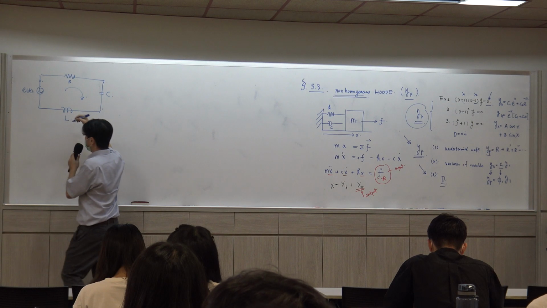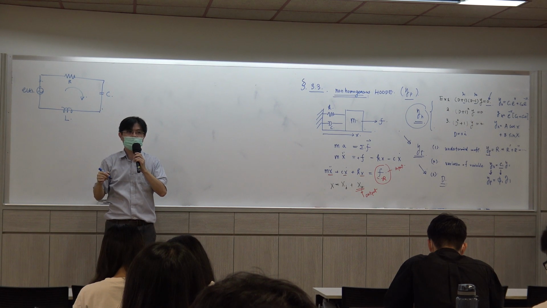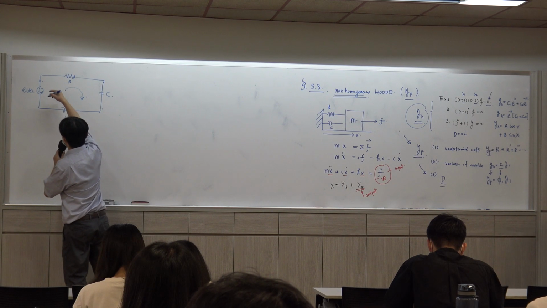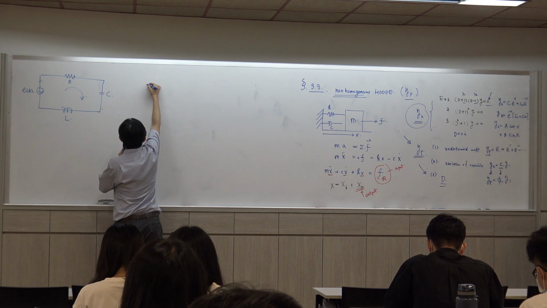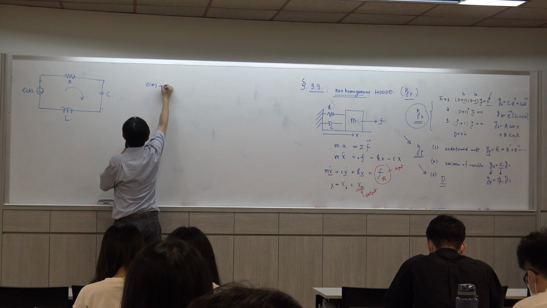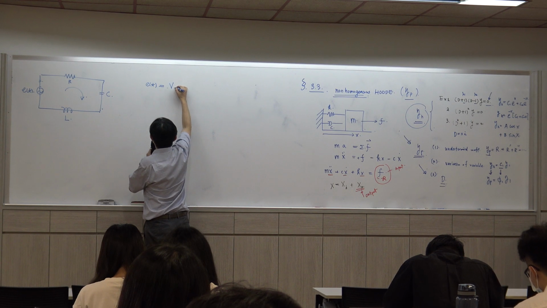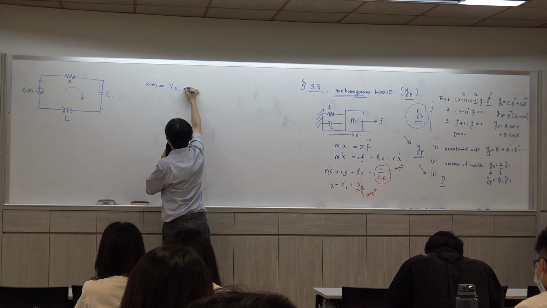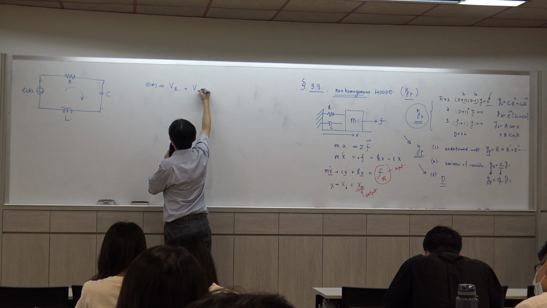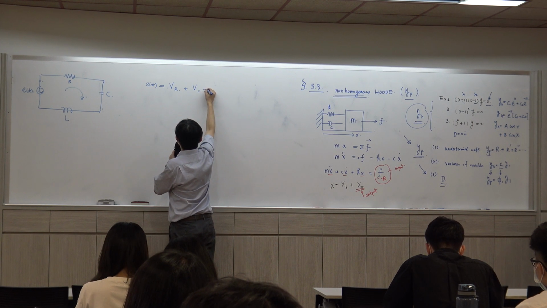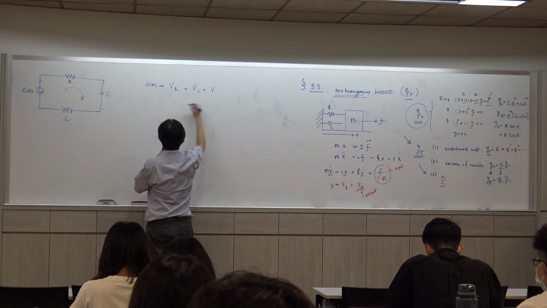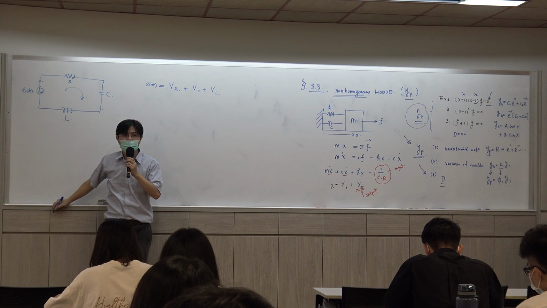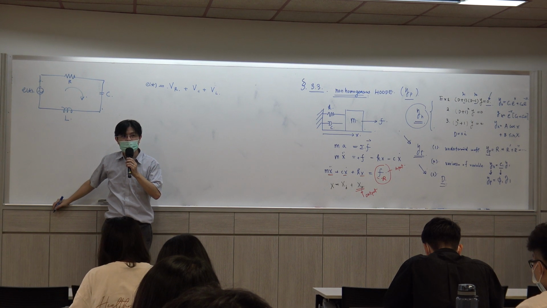So similarly, if we use the energy conservation view, in a closed loop, the input E equals the voltage drop of the R plus the voltage drop of C and L, the three representative elements in an electronic circuit.